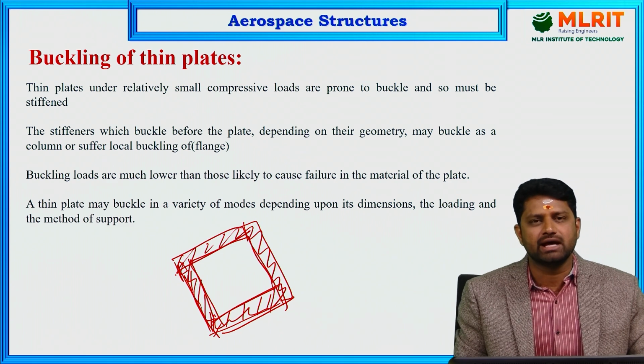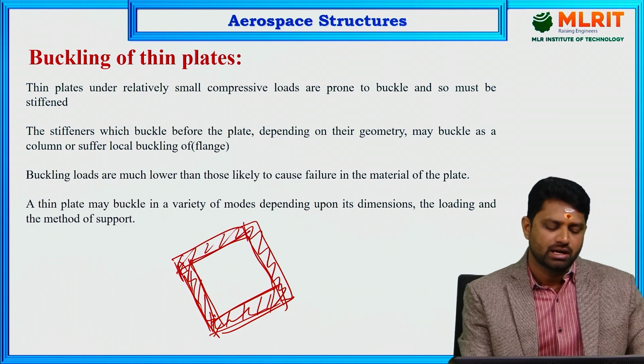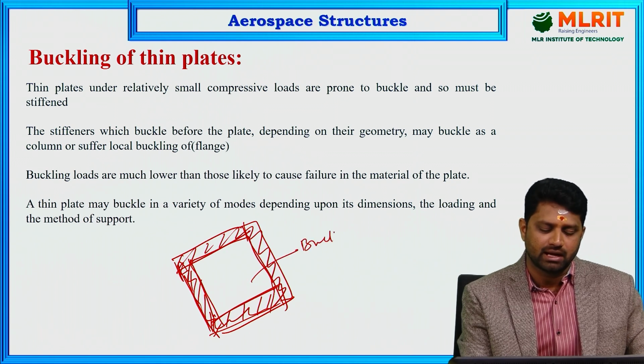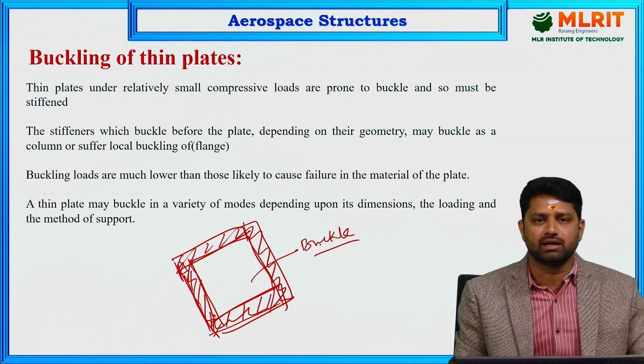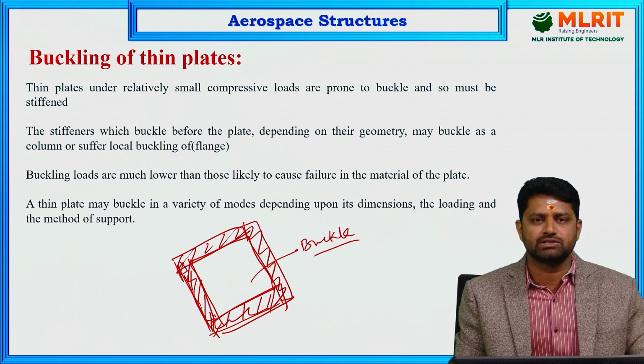The load carrying capacity of the thin plate increases. And before the thin plate buckles, the stiffeners will buckle. Okay, so the stiffeners, when added to the thin plate, are going to take more and more load than the normal thin plate without stiffeners.